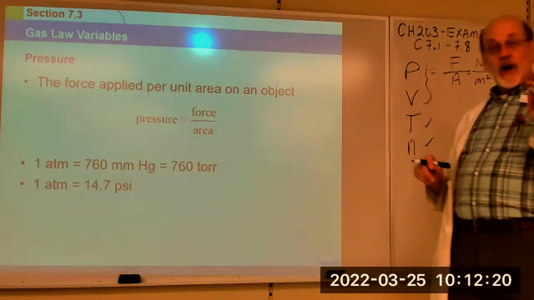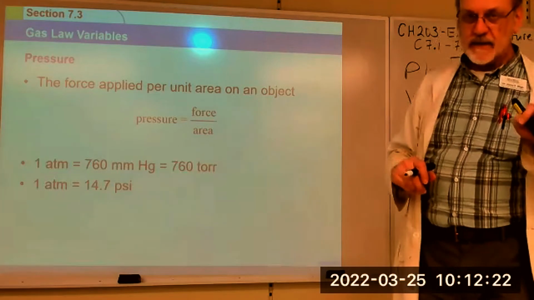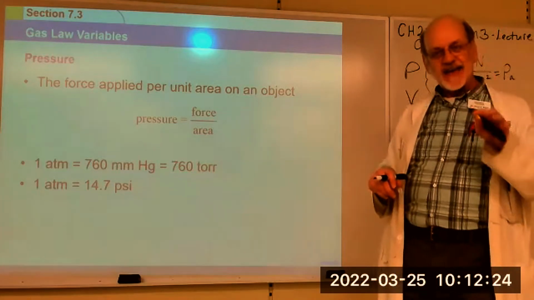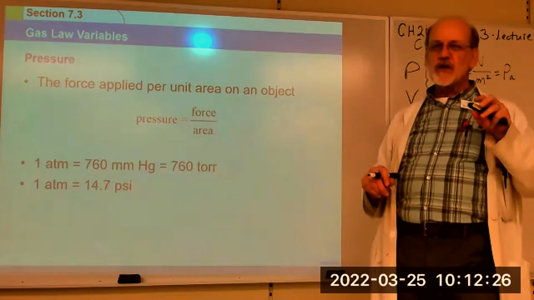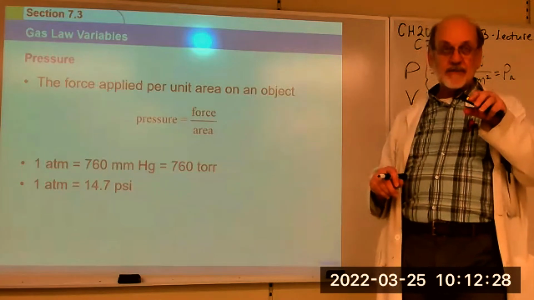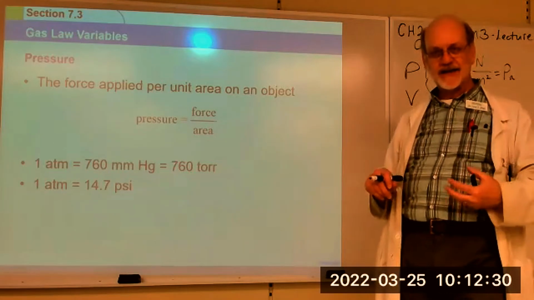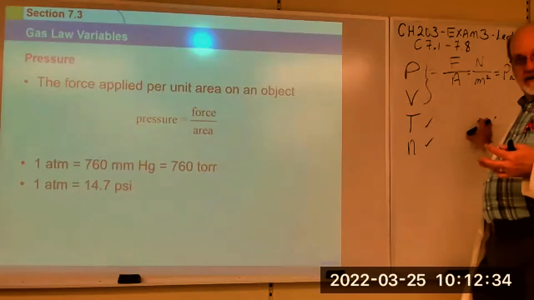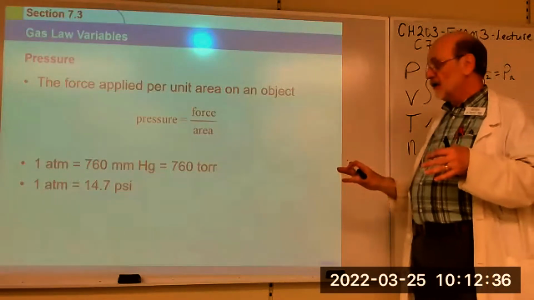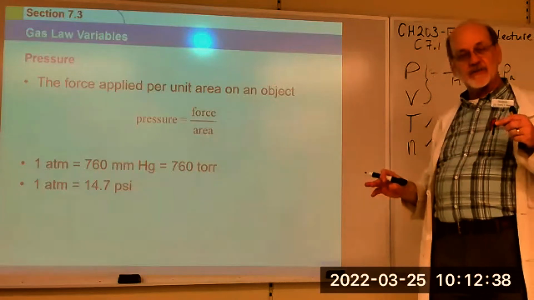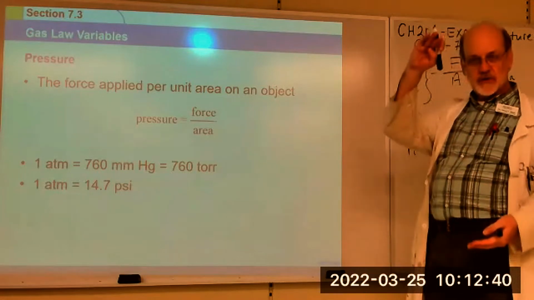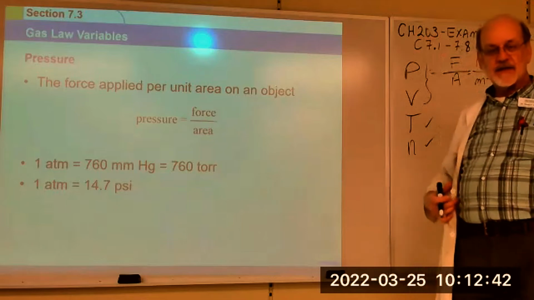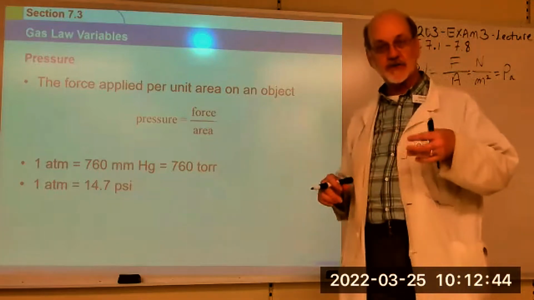But those are useful quantities in some cases. But we're going to use something that's a bit more historical. These were derived later. Earlier, pressure was defined in terms of a column of mercury by the Italian scientist Torricelli.